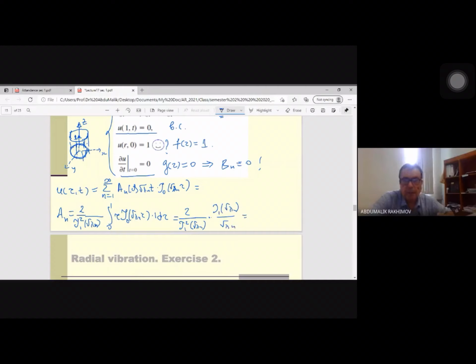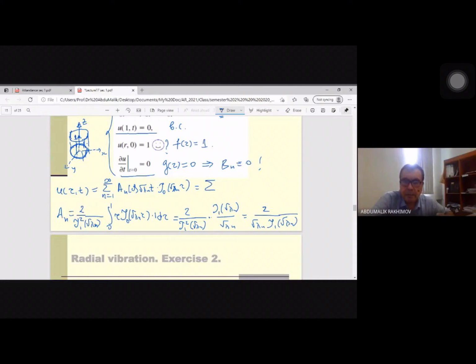So the coefficient will be 2 over root lambda n times J1(root lambda n). Then I will substitute a n here, and I can write the solution.